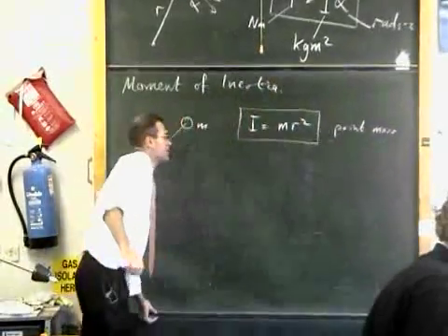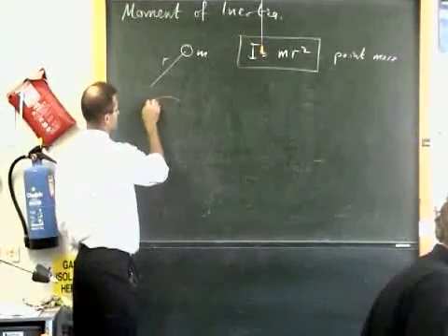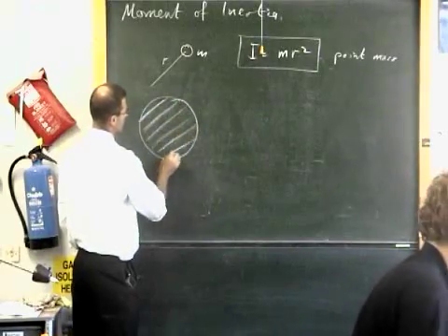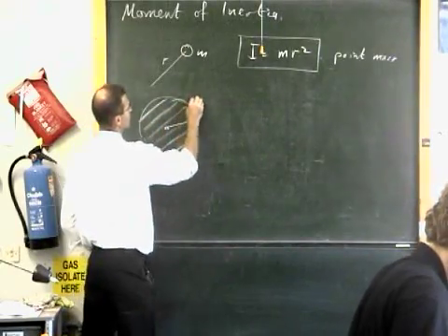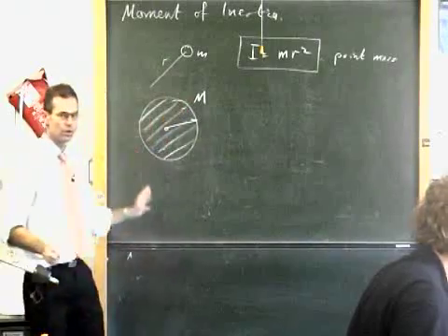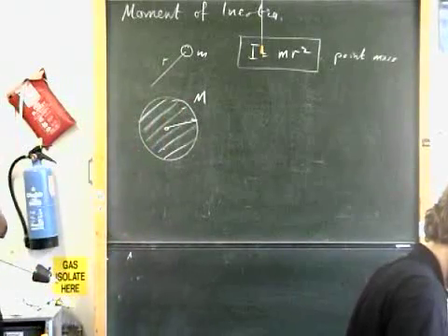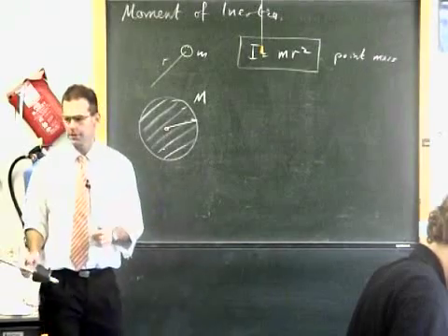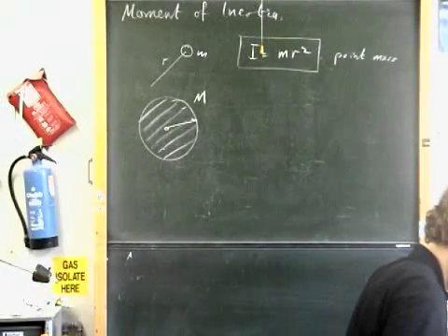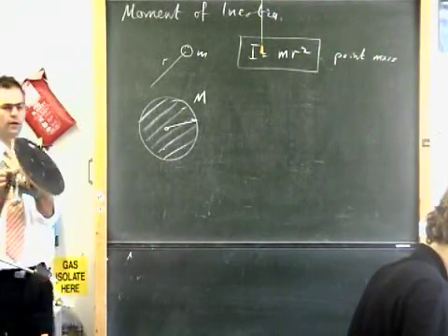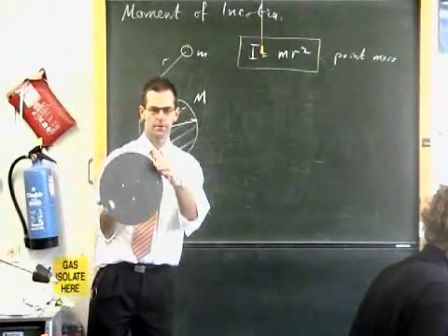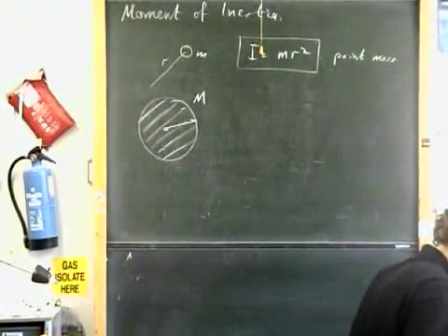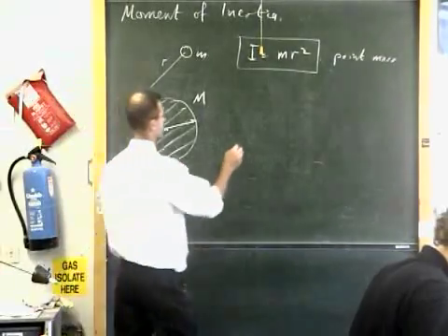For a disk, if you've got the mass distributed, so capital M for the mass of the whole object, and if a disk has got the mass all around it, so this would be something like the turntable here, where you've got a wooden disk rotating around a center there. The moment of inertia for a disk is equal to half m r squared.